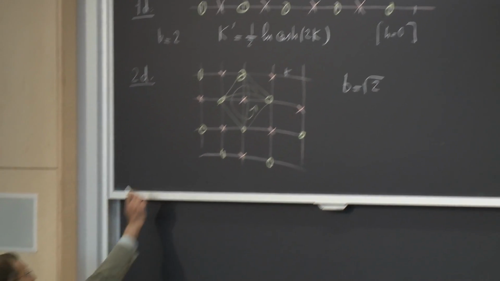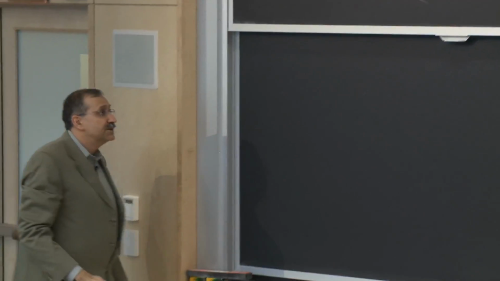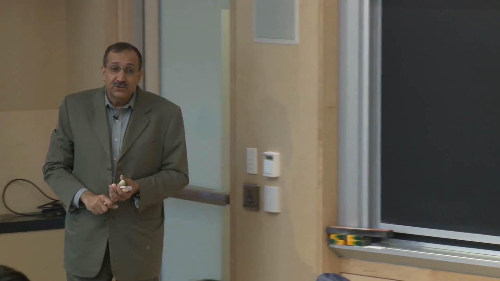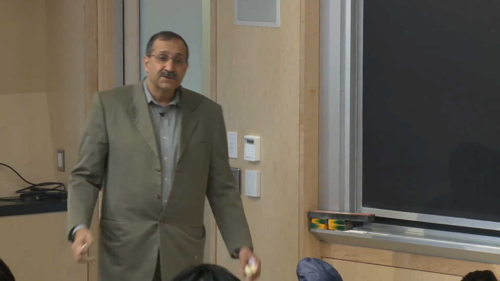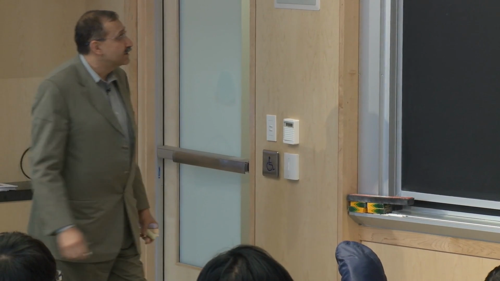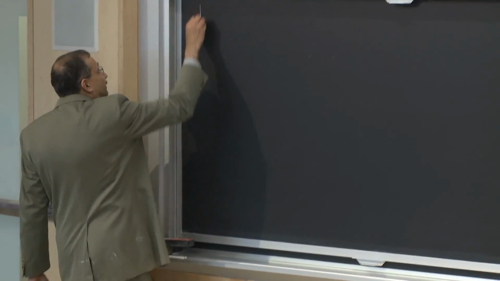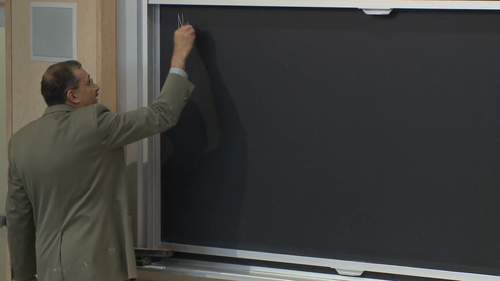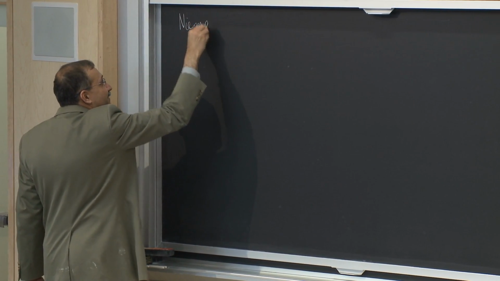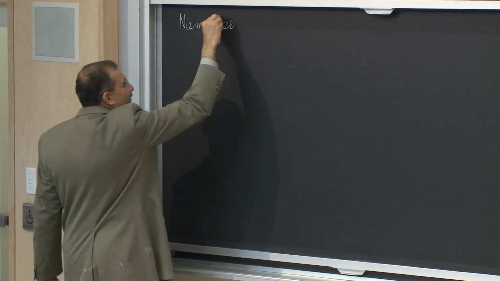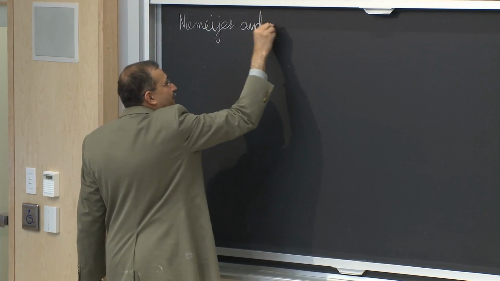So the particular approximation that I introduce here was applied shortly after Kadanoff brought forth this idea of removing the degrees of freedom and renormalization. It was by Niemeijer and van Leeuwen.